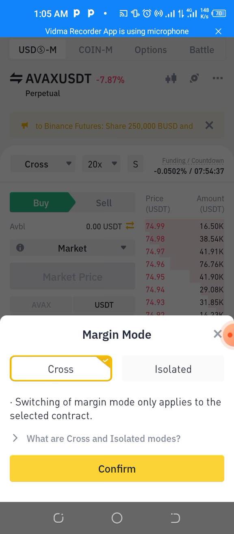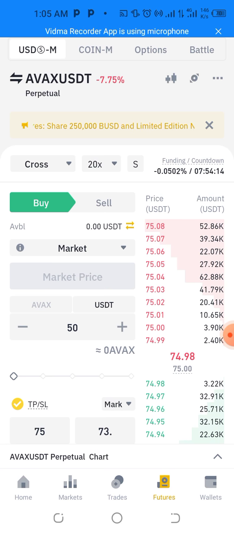Now the difference between cross margin and isolated margin is this. If you're using cross margin and your market reaches the limit where it's supposed to reach, because they always give you a limit that if the market gets to this point, the market will execute automatically.